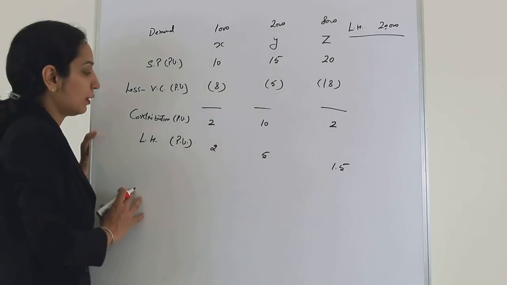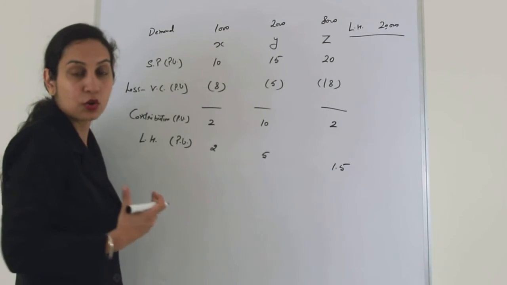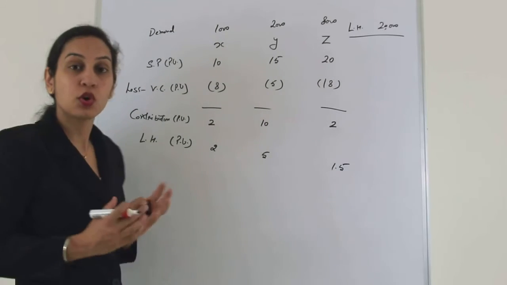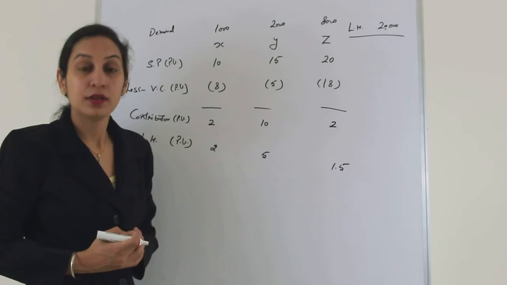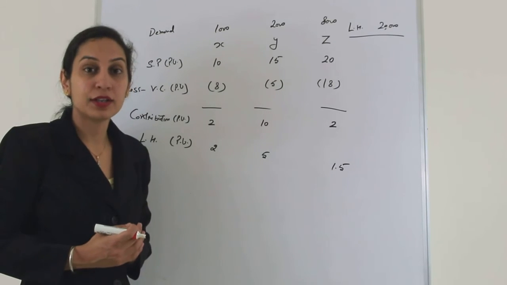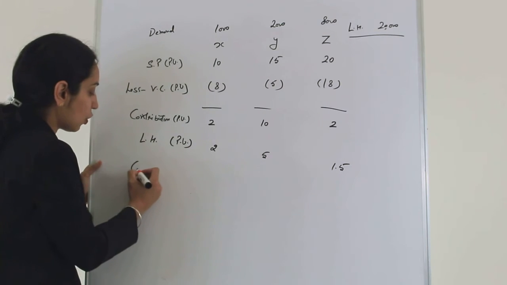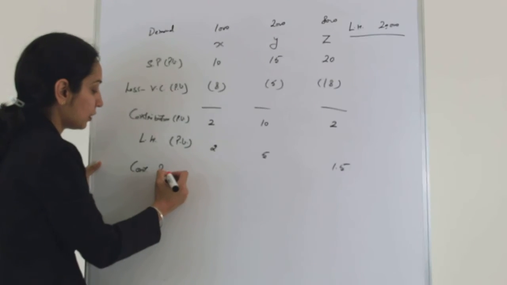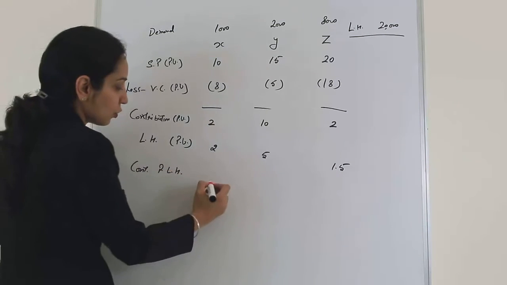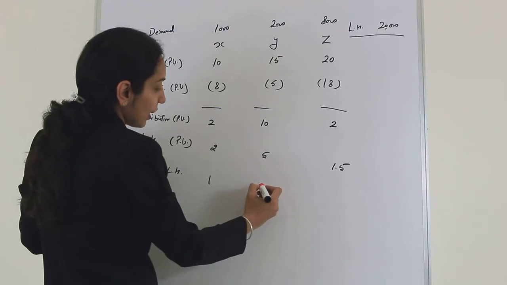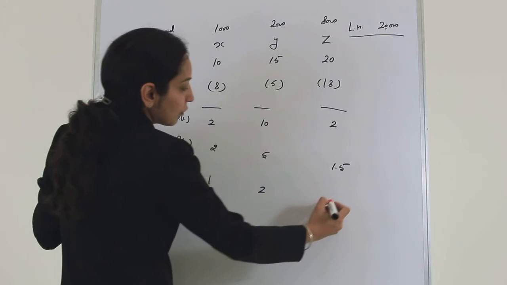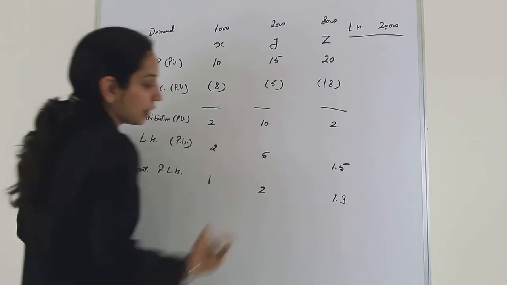So in this example, we are converting our contribution per unit to contribution per labor hour, the reason being our labor is in short supply in this scenario. So contribution per labor hour for X is going to be 1, for Y it's going to be 2 and for Z it's going to be 1.3.